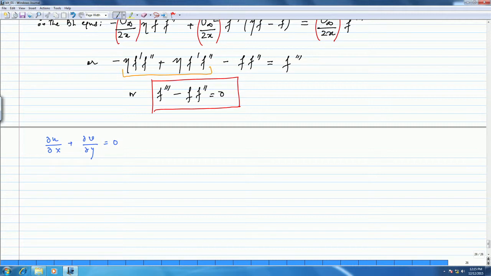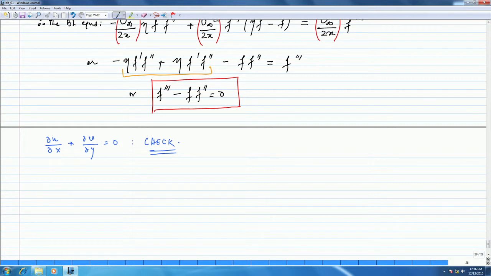Now, what we need to do is basically check that when you replace ∂u/∂x and ∂v/∂y with your f and eta in terms of eta, these two terms add up to 0. So you need to check this. So do this yourself. With whatever we've done so far, this should be useful. So go ahead and do that.